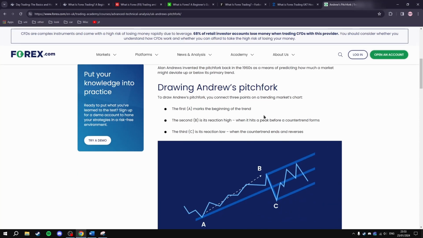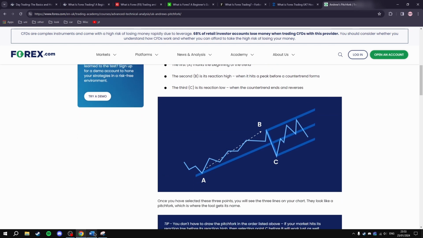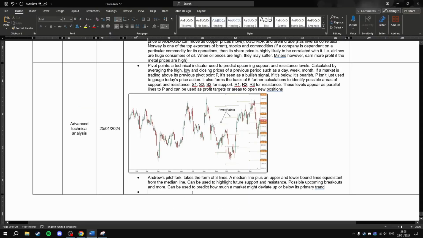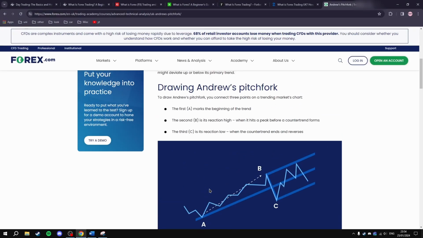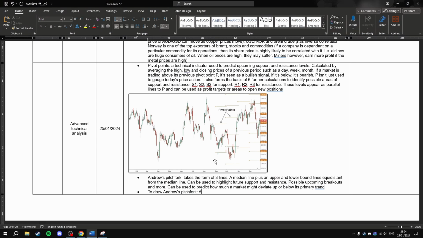Drawing Andrew's pitchfork. Let's just write that down. A is the trend.